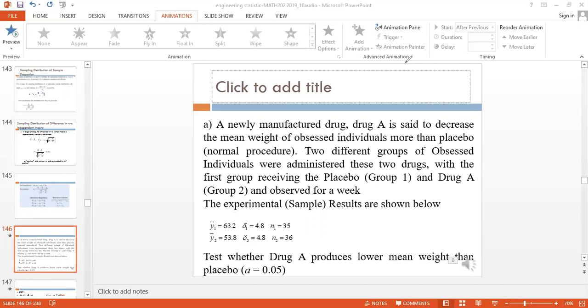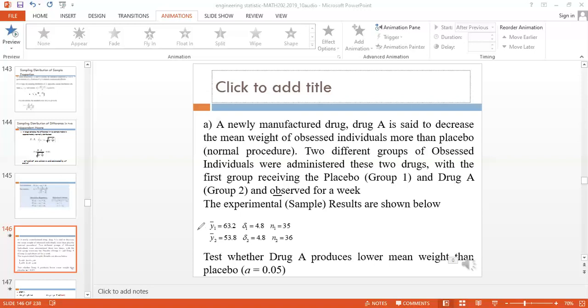So that is group 1. Group 2 received drug A and was observed for a week. The experimental results are shown.